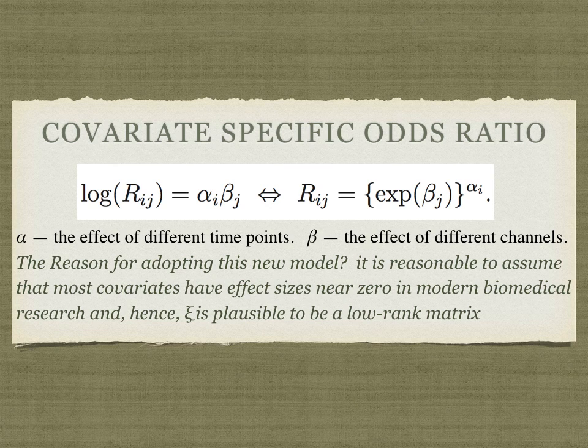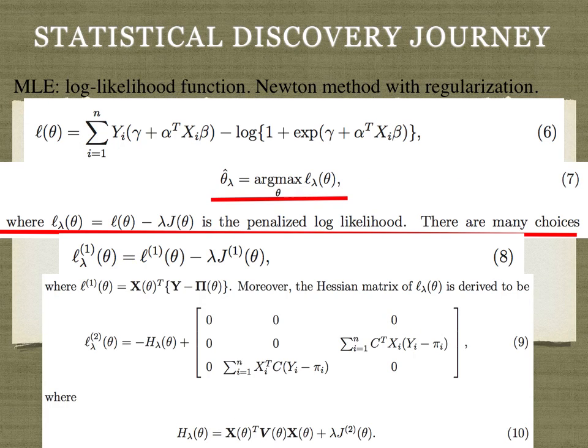Once they determine the fixed numbers of alpha and beta and take the log, you can use the maximum likelihood function combined with Newton's method with regularization. Formula 6 is a penalty function that penalizes the log-likelihood function.